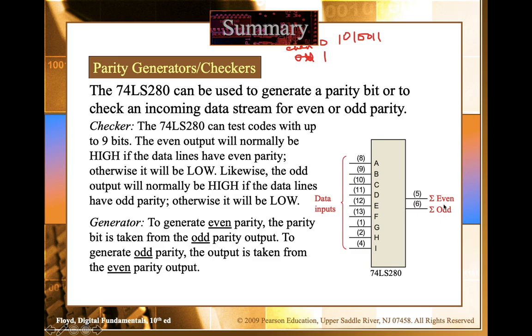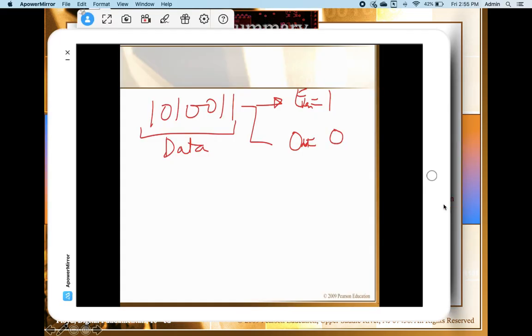You won't understand it unless I explain it with an example. Going back to our example, I want to generate even parity for this data, which doesn't have a parity.